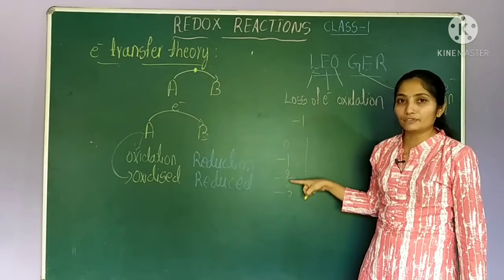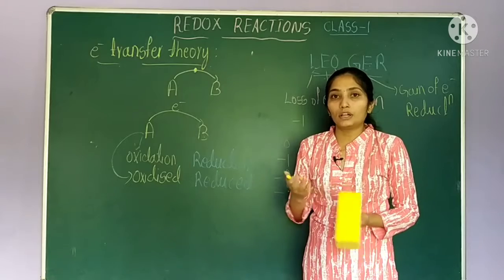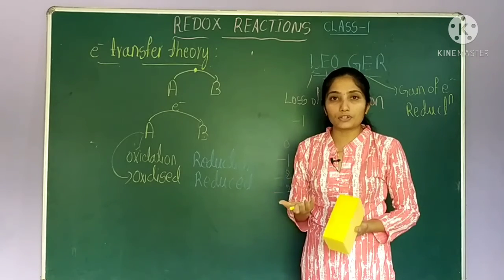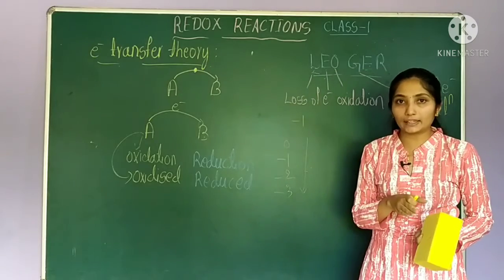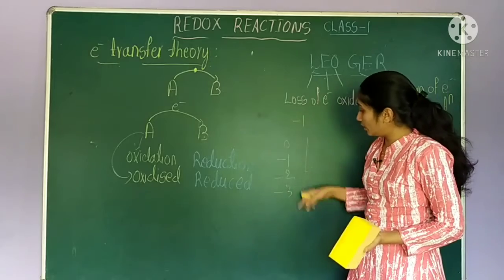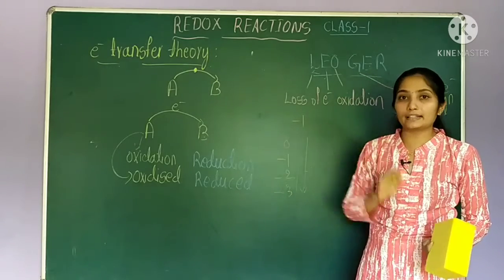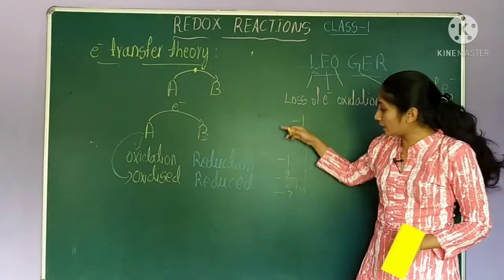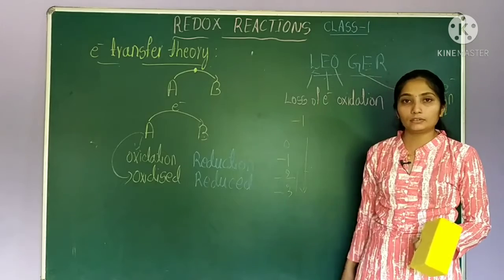Don't get confused with this, because since we are adding electrons, it will not be oxidation. We say it is reduction because charge on electron is negative. Since we are adding negative charges, the negativity increases, that means charge decreases: 0, -1, -2, -3.